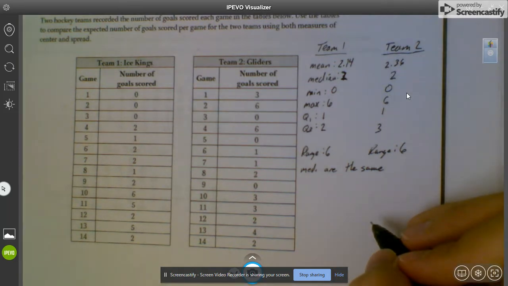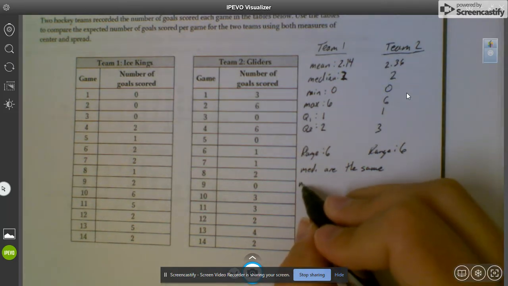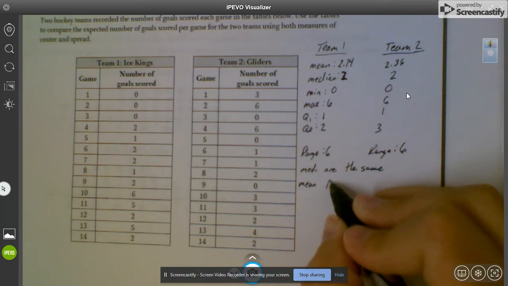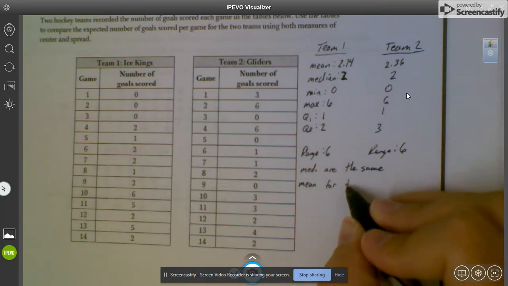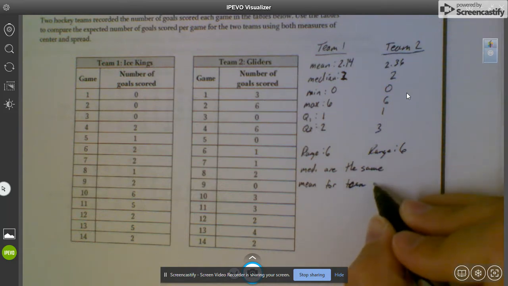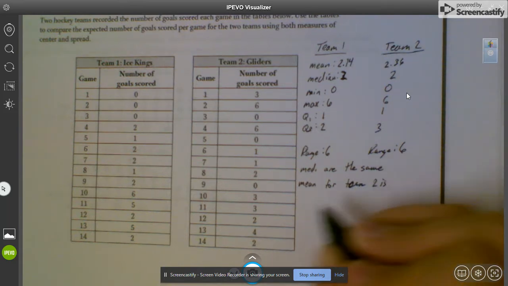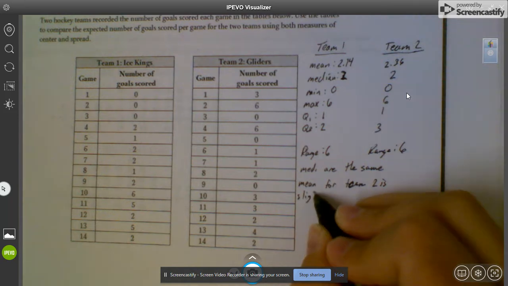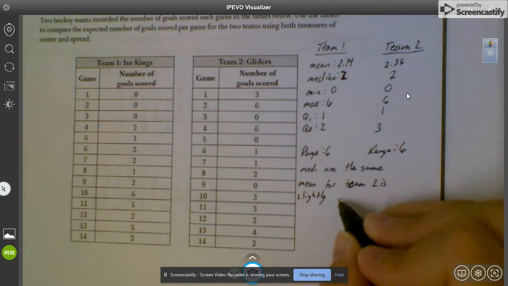The mean for team 2 is slightly higher. Again, we're just comparing this data.